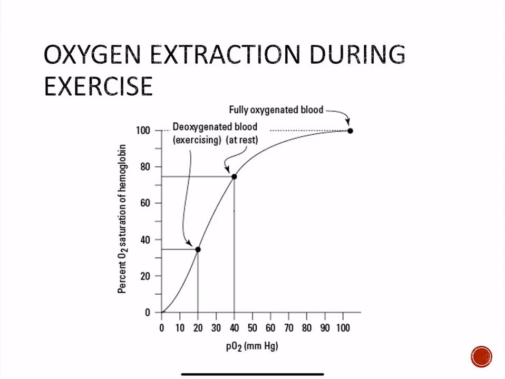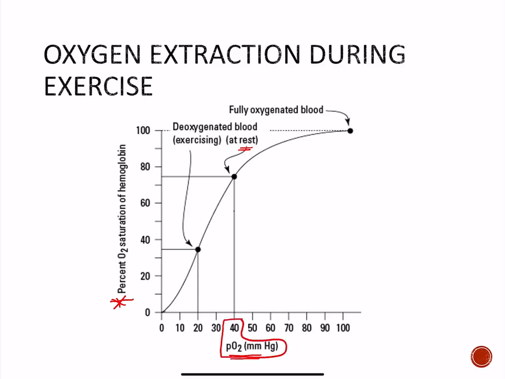If you remember from biochemistry and pathophysiology, this is a curve that shows how well oxygen stays bound to hemoglobin. Here you have percent oxygen saturation on the Y, and this is the oxygen partial pressure on the X. At rest, the partial pressure in our skeletal muscles is around 40.